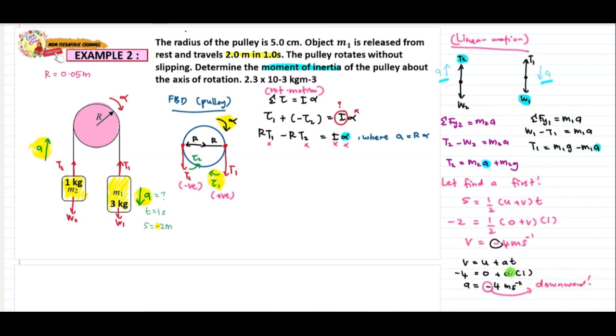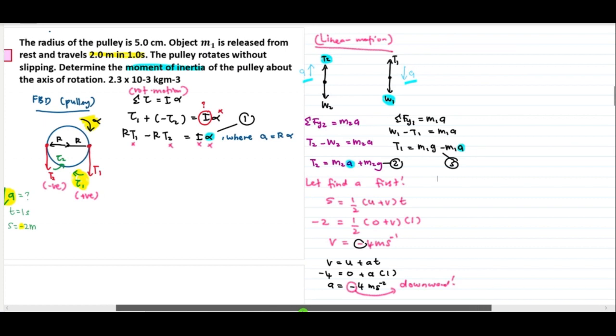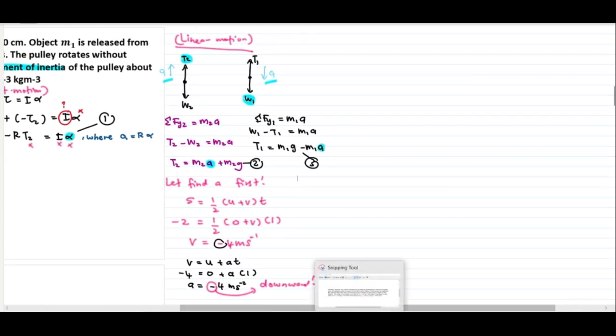Okay, menarik soalan ni. Jadi bila kita dah dapat A, kita dah boleh dah substitute dalam equation. Kita namakanlah equation kita. Equation 1, equation 2, equation 3. Okay, so now we can substitute the value of A in equation 2 and equation 3. So tak muat dekat situ. So saya akan mula di sini.